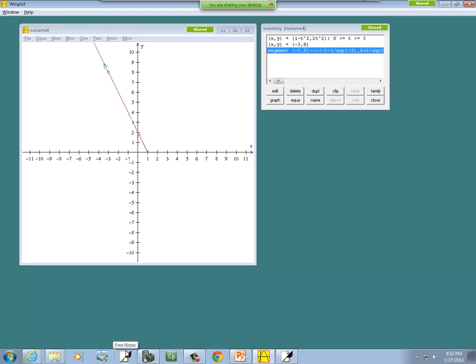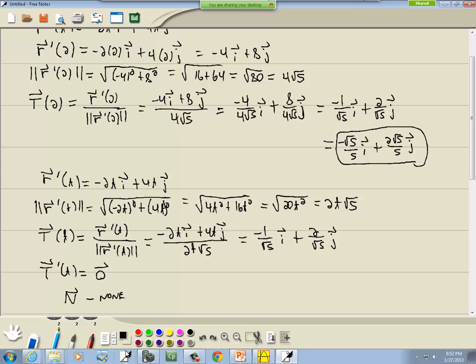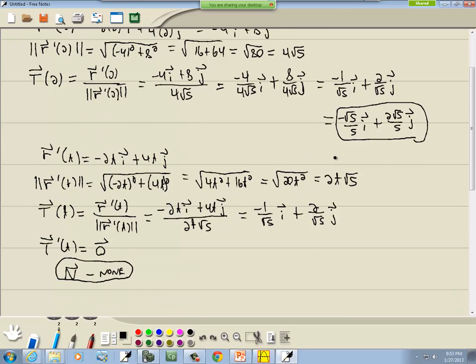The fact you come up with a straight line, if you think about it, the normal vector opened up toward the concavity. Well, a straight line doesn't have any concavity, so that right there tells you there's a slight problem. So you have to be careful. The shortcut works, but not if it doesn't exist. You can flip those around and have no problem with it, but when you look at the graph, you can see they don't exist.